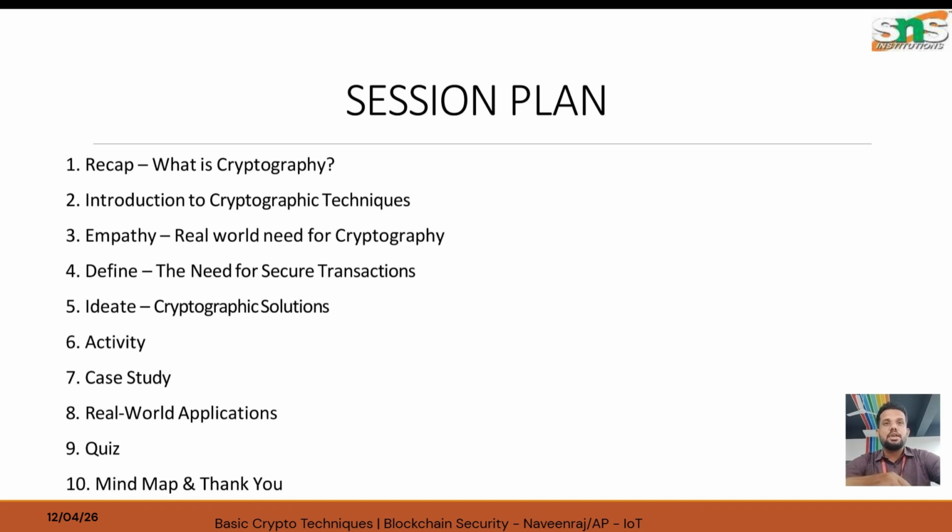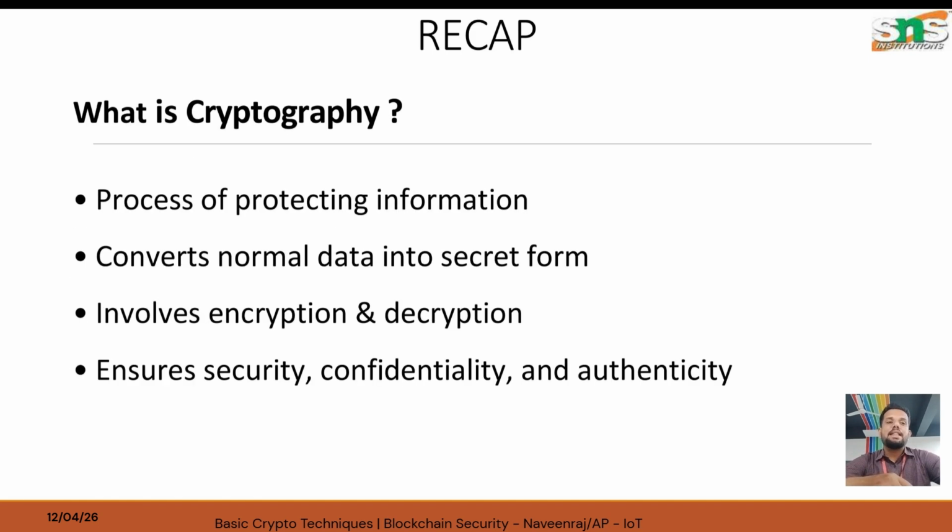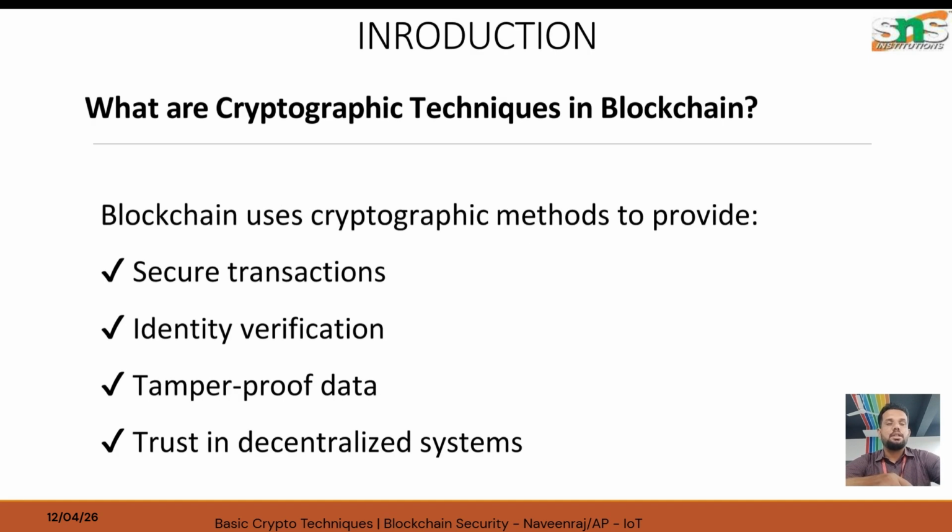The basic core principles of cryptography are confidentiality, so only authorized users can read the data. Similarly, integrity, so data cannot be altered without detection. The third one is authentication, which confirms the identity of the sender who sends the message.